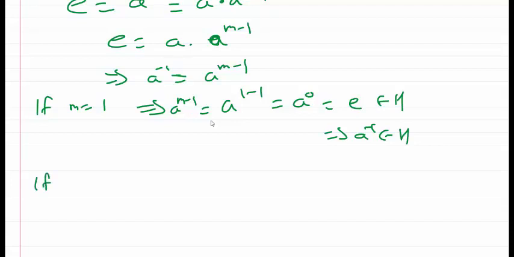The second case is if M is not equal to 1, if the value of M is greater than 1, but how much is it?